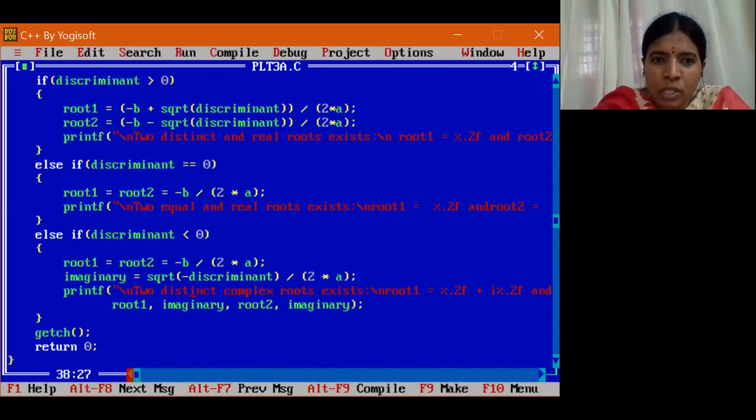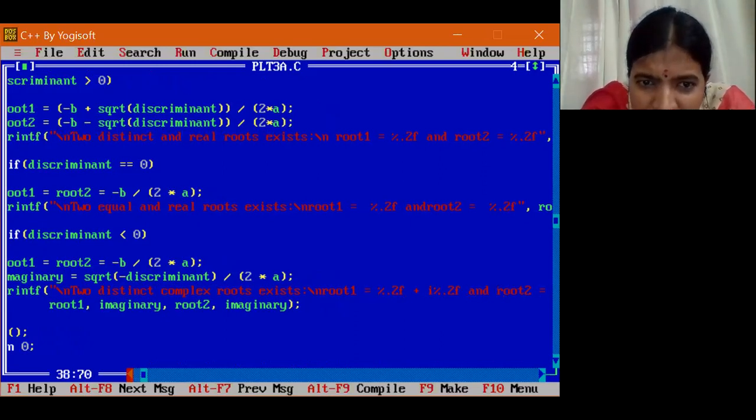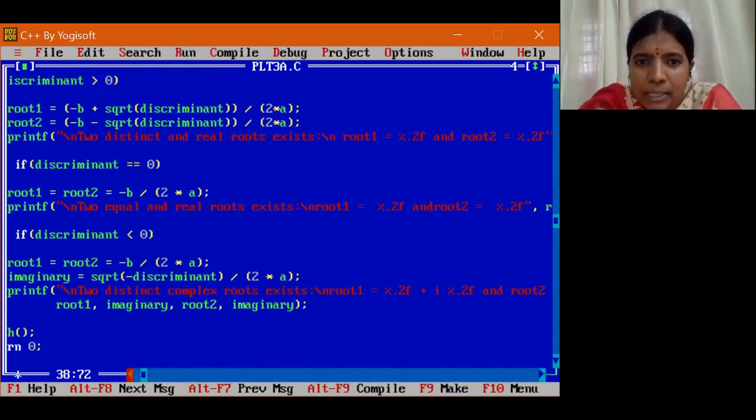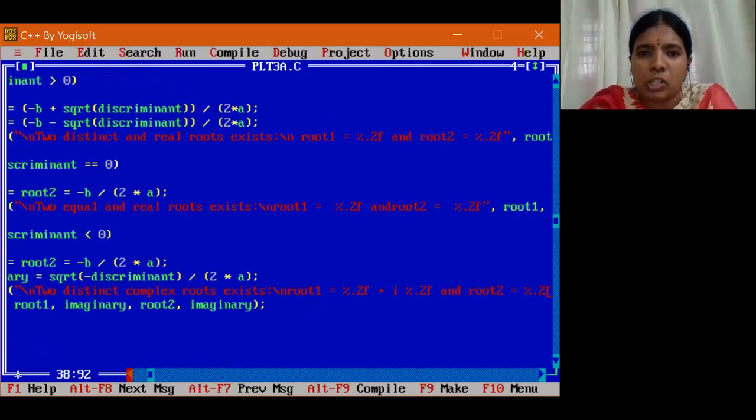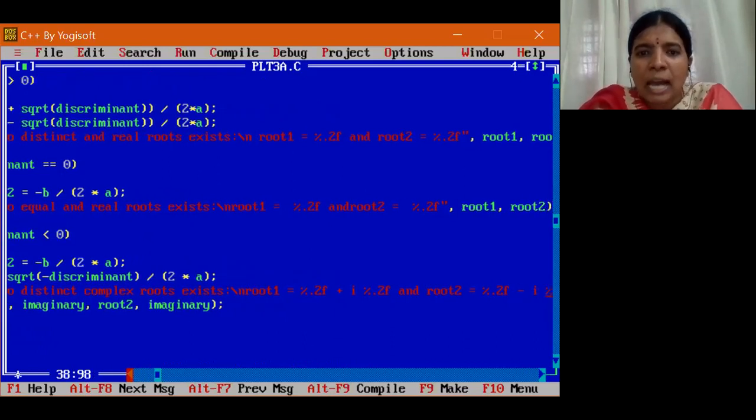How do I print the roots? Root printing is pretty simple here. We know that the complex roots are of the type a plus ib and a minus ib. Since there is no direct data type for printing a plus ib, we directly print the real part plus i, then the imaginary part. And again for root 2 we do the same way: real part, that is percent 0.2f, minus i imaginary part.